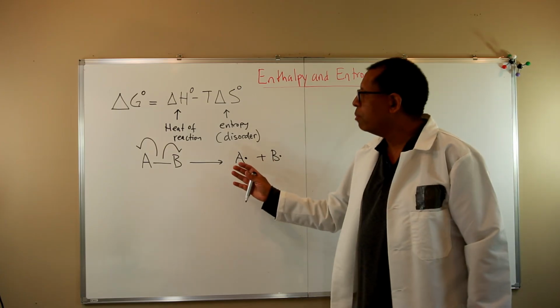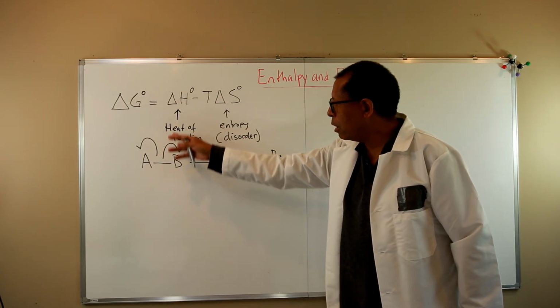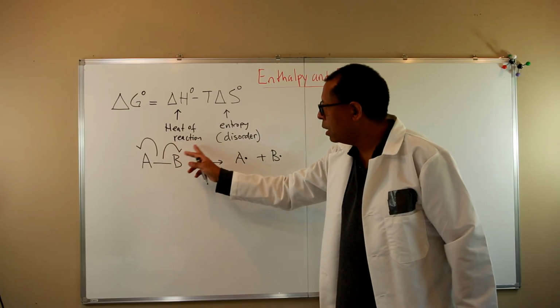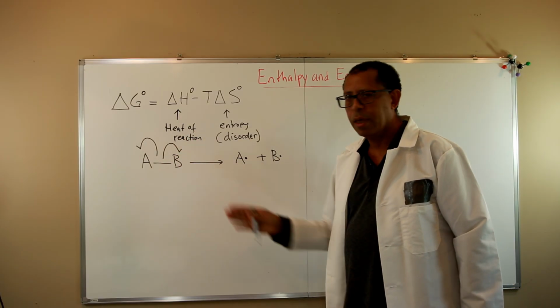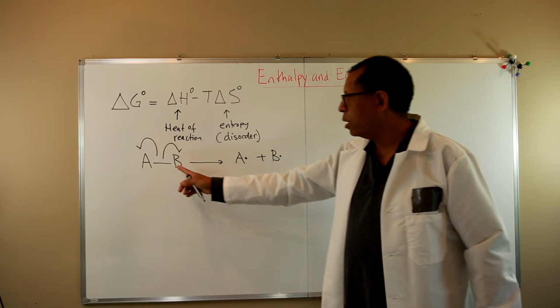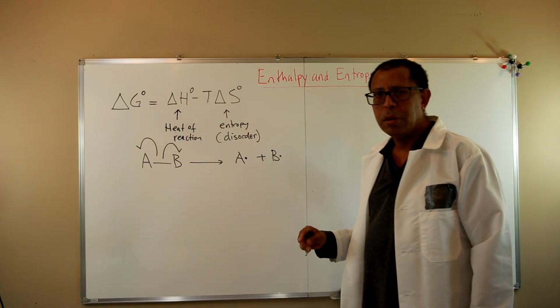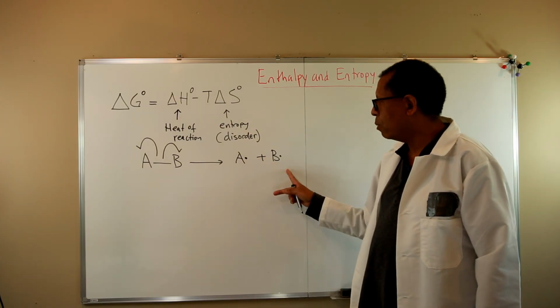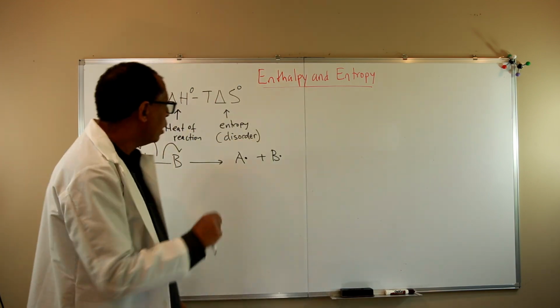So in terms of delta H, you have to put energy, right? In the heat of reaction, in this kind of bond breaking, we always need to put energy. So that is the delta H that you need to put in to effect this reaction. But how about in entropy?